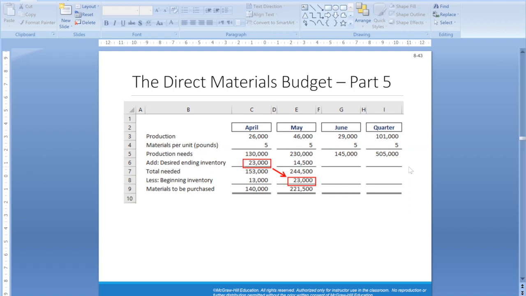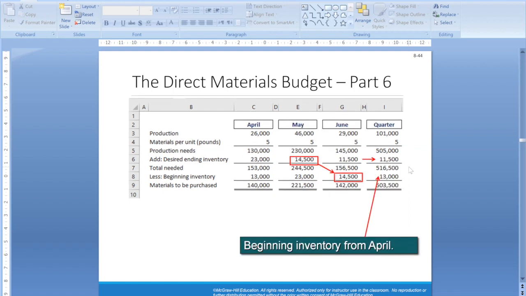For June, this is a little bit different. Why? Because we need, as I say, 29,000 times 5, so we need 145,000 pounds for June. But we need 10% of the following month's needs.